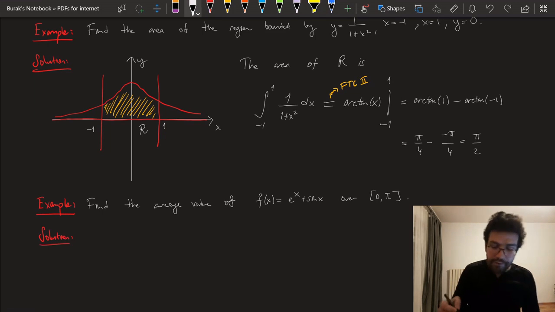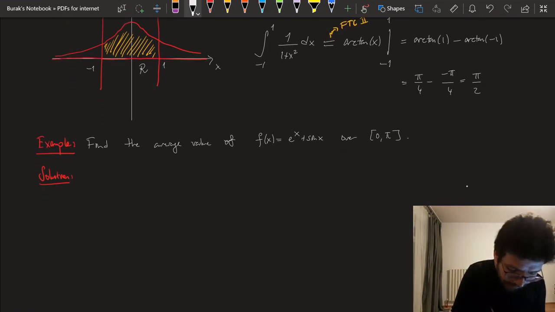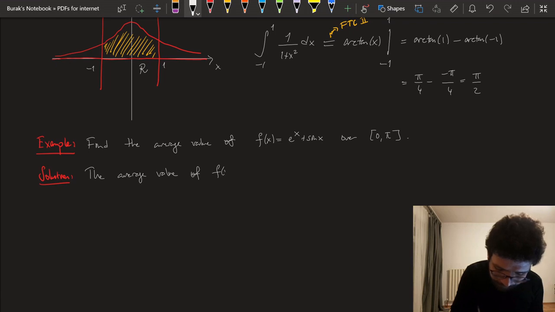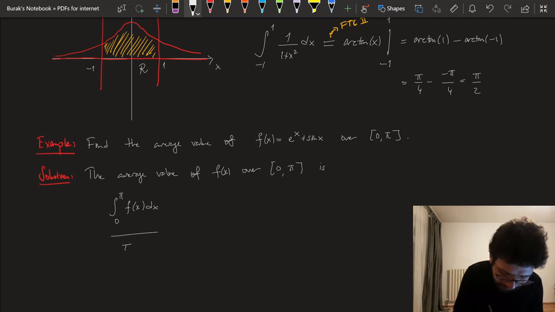How do we compute the average value of a function over an interval? The average value of f of x over 0 to pi is, by definition, the integral of this function from 0 to pi divided by the length of this interval.